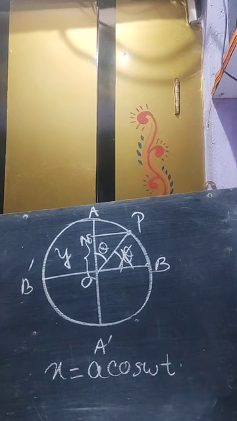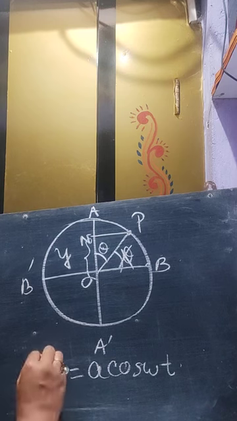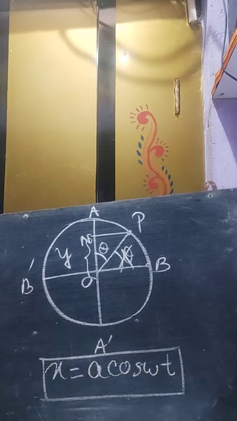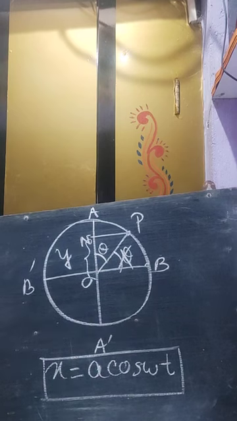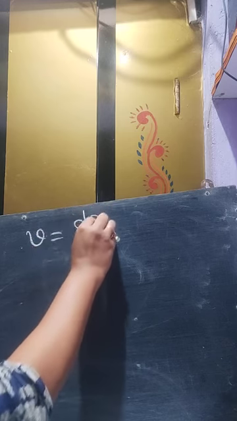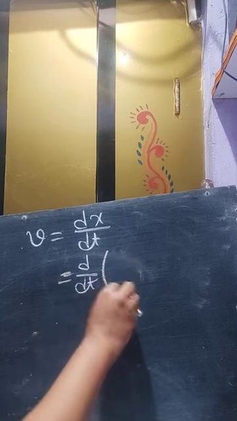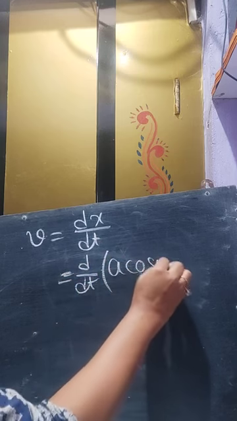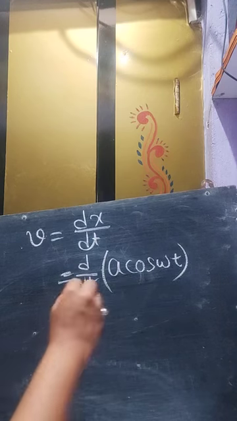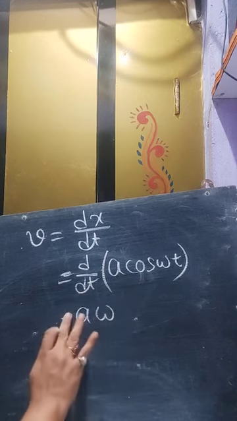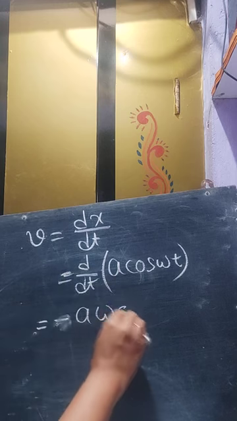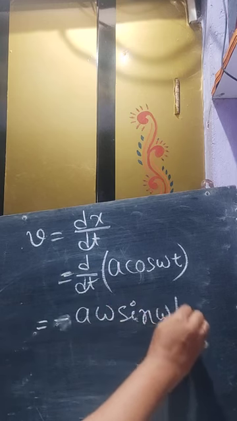If I consider the displacement along x, what will be the velocity term? Let us discuss that. Same thing, velocity will be dx dt, of A cos omega t, right? So A omega will be outside, minus sin omega t.